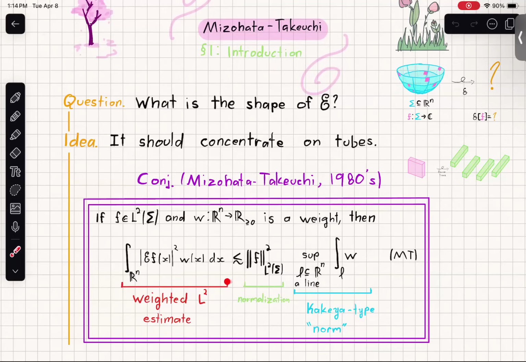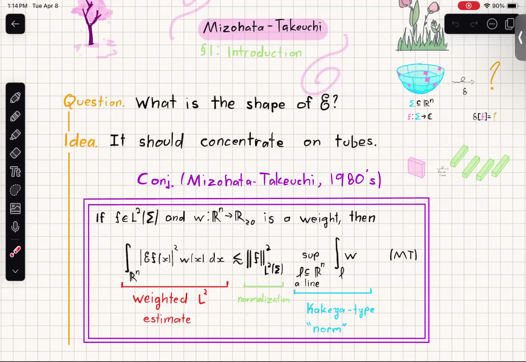This is just an L2 norm, except we're taking a weight, some W. And the idea is that we want this to be bounded by the original thing. So we're saying that we want the extension operator to be a bounded operator from L2 of a surface measure to L2 of Rn with some weight W. And the operator norm should be controlled by some measure of size of our weight.